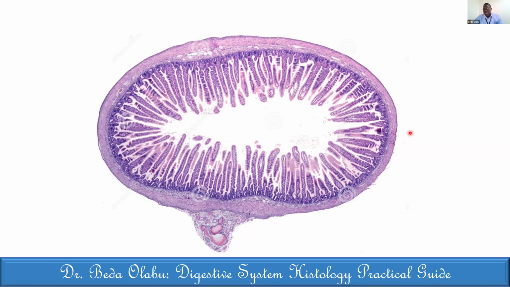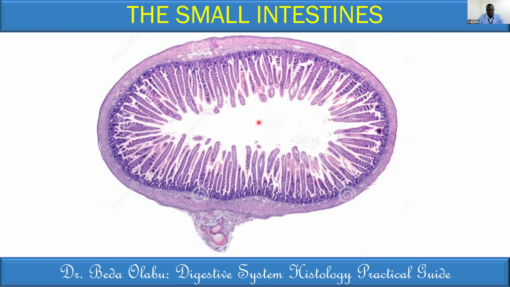One characteristic feature of this slide is I can see villi, which means that this could be the small intestine. Very good. That's what I wanted to pick. We've seen villi. This is small intestine. Another question, anybody? What do you think this could be?